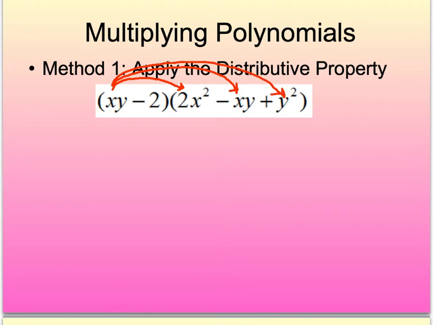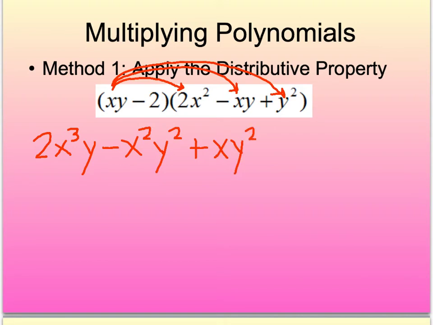So beginning that way, we have xy times 2x squared, and that gives us 2x to the third y. And then we have xy times negative xy, and that's going to give us negative x squared y squared. And finally we have xy times y squared, which is going to give us positive xy to the second.